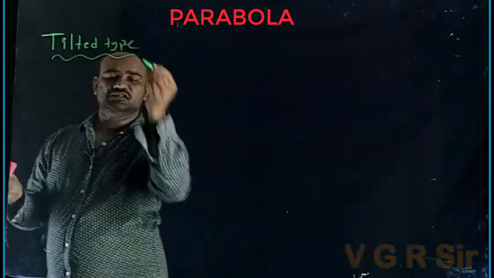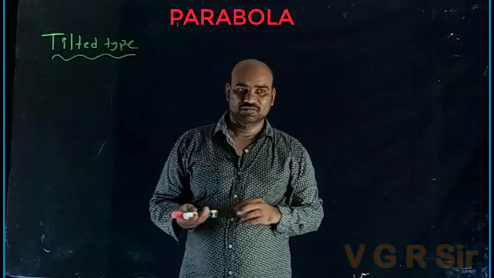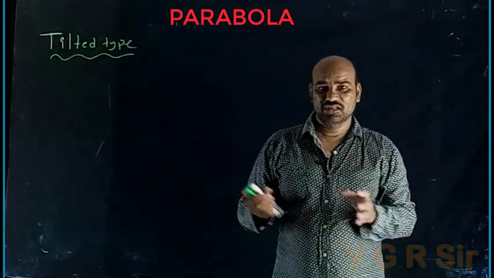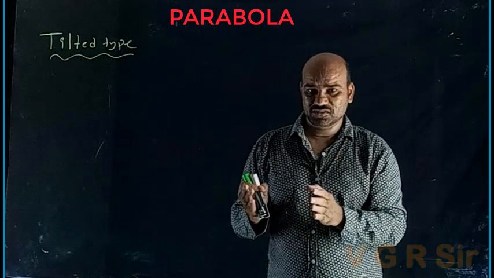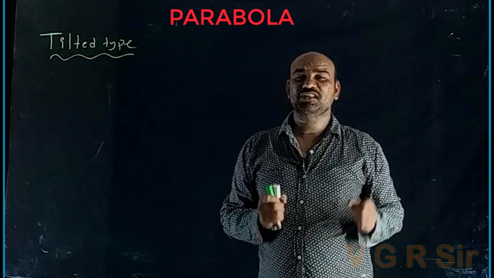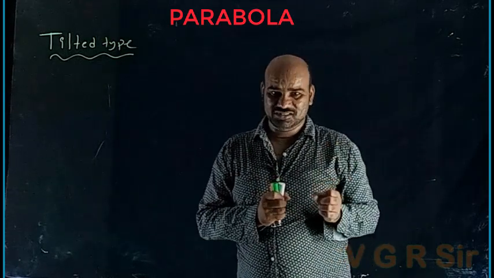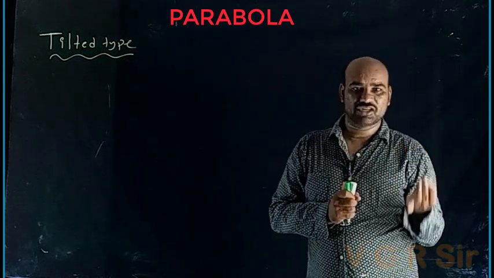So yeah, last type, the tilted type. Tilted type, what is the meaning of that? Actually, by using 4 basic forms, you got another 4 by the shifting of origin concept. Shifting the origin concept means translation of axes. There are 2 types of transformations. One is translation and the other is rotation.